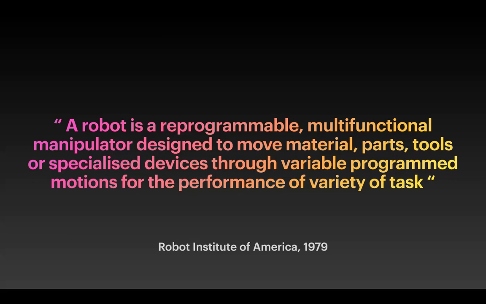It can have wheels to drive, or it can have legs to walk. Or else the robot can be fixed, like a robot arm. So it is moving in a way that we want it to move.